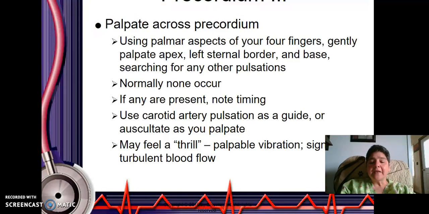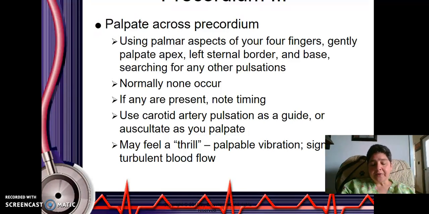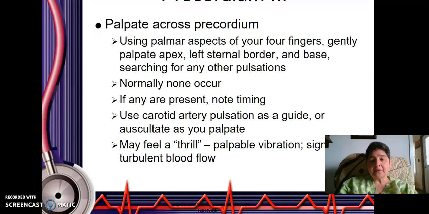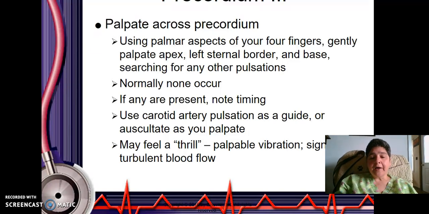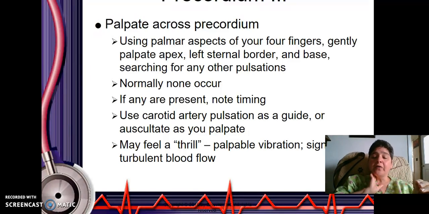You're going to palpate in the apex, the left sternal border, and the base, searching for any other pulsations. Usually you won't find any. It's normal not to find any. If there are any, time them, count them, see what they are, and then you can also feel the carotid artery at the same time and notice if the pulsation is equal to what you feel for a pulse in the carotid artery.